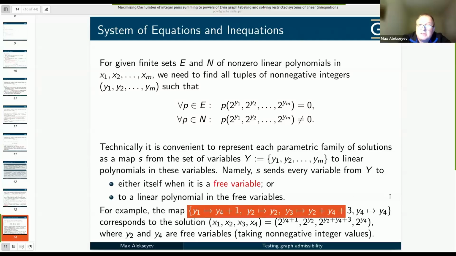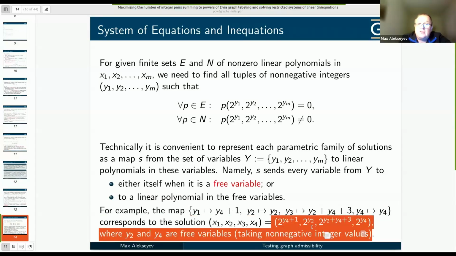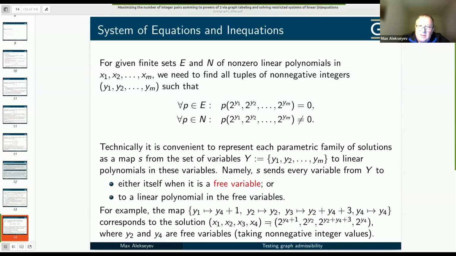Suppose I have a map like this: y1 is mapped to y4 plus 1, y2 is mapped into y2, y3 is mapped into y2 plus y4 plus 3, and y4 is mapped to y4. It means that the solution is the following: 2 to the power of y4 plus 1, 2 to the power of y2, 2 to the power of y2 plus y4 plus 3, and 2 to the power of y4.